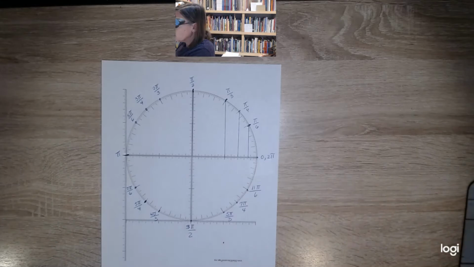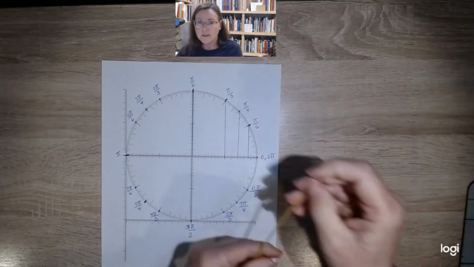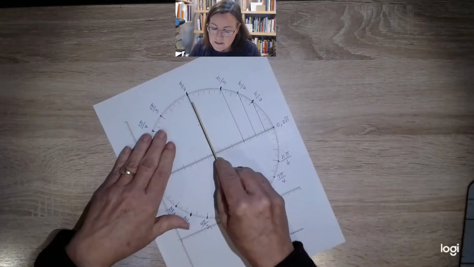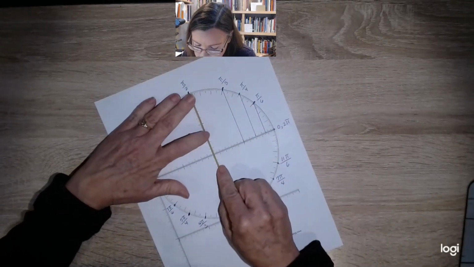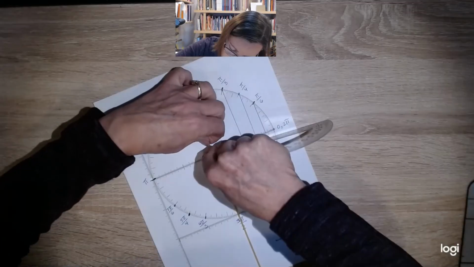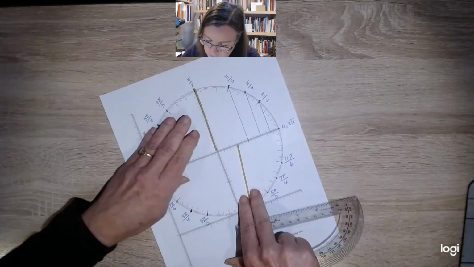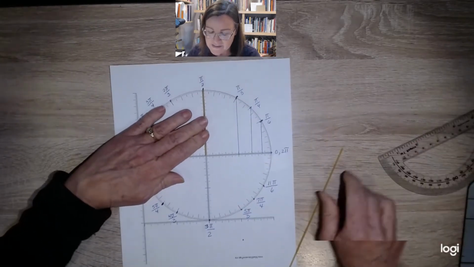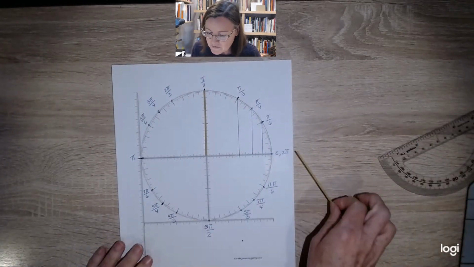So this is where I'm going to be using my spaghetti to help me with measuring. I'm going to take my piece of spaghetti and measure it. I'm going to show you a little trick because it's really hard to break spaghetti: I'm going to snap it. So if you want nice little measures, this is a little trick.